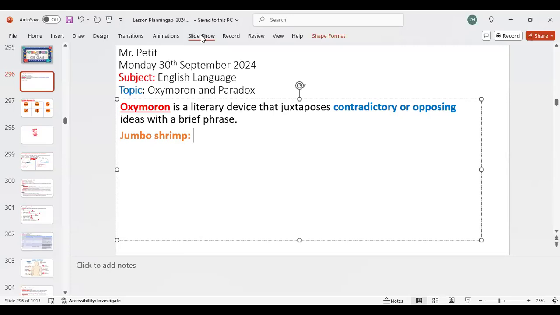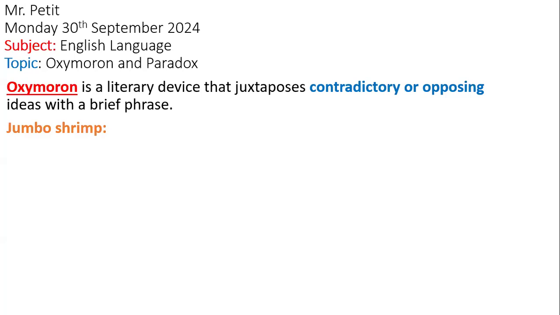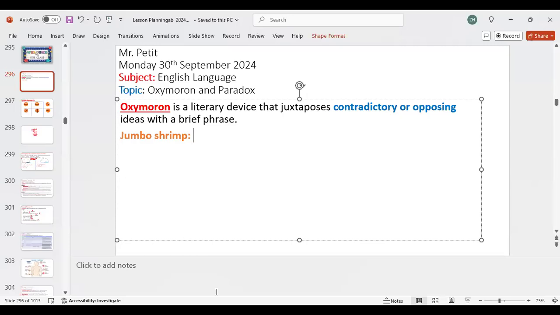Yeah, shrimp is small. When you think of shrimp they are small, but it's saying that they're big. Exactly, you're using jumbo with shrimp. It's an expression of saying that the crawfish are big. But it's still an oxymoron because of jumbo.